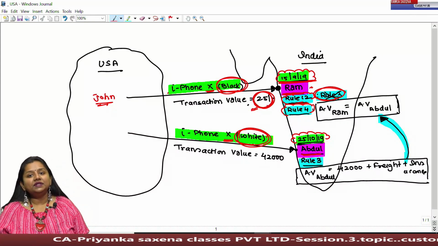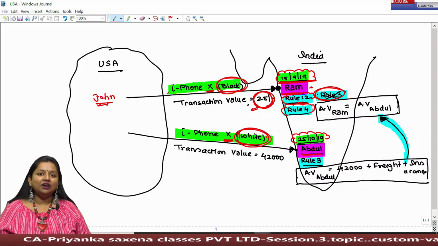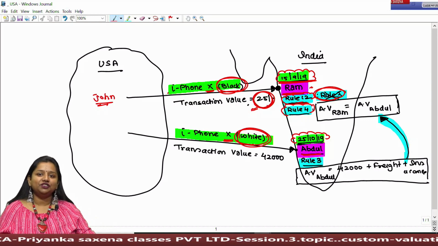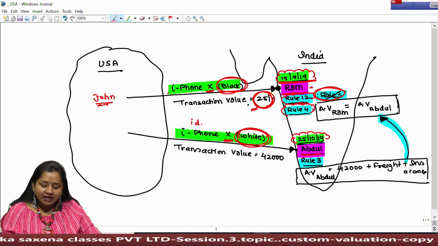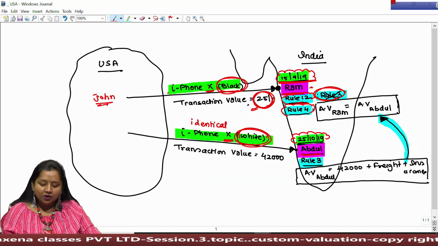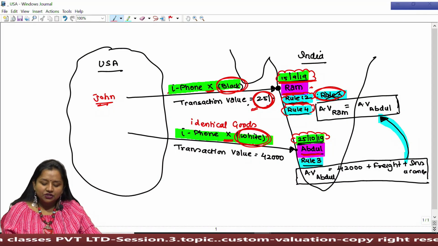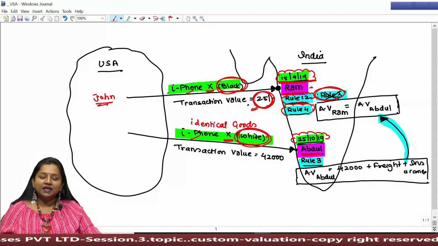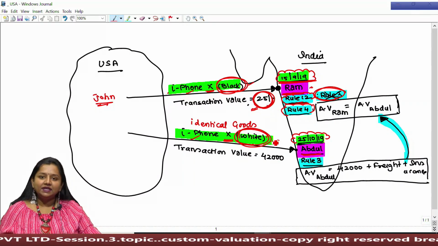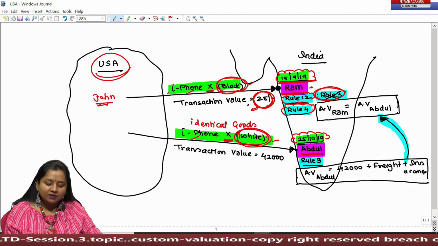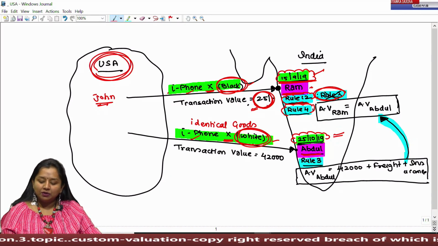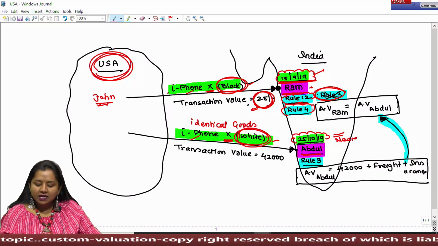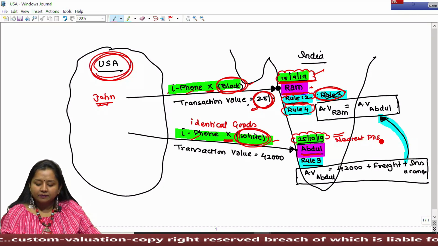The minor difference is of color, which does not impact the original features of the mobile phone. So, these are identical goods, because there must be 3 conditions: all features must be the same except minor differences such as color, imported from the same country of exportation, at or about the same time. About the same time means the nearest past.